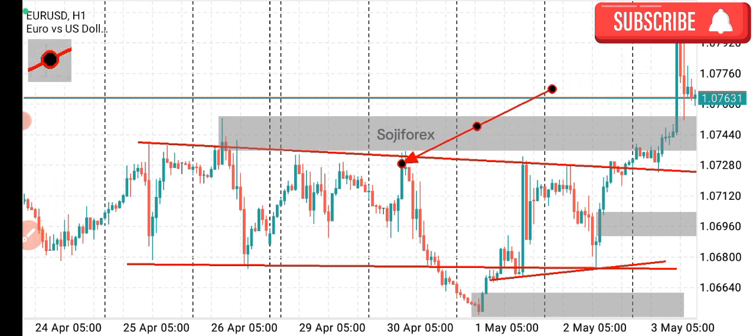A breakout can be from a level of support and resistance, from a channel, or from a chart pattern. So any area of breakout is an area of potential trading opportunity.